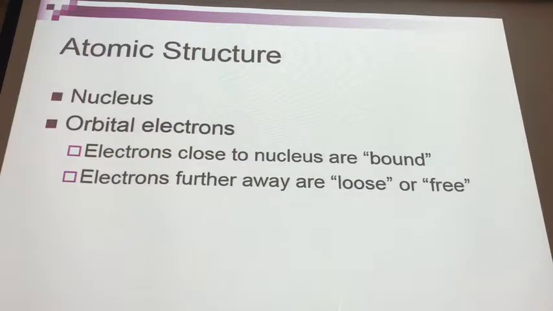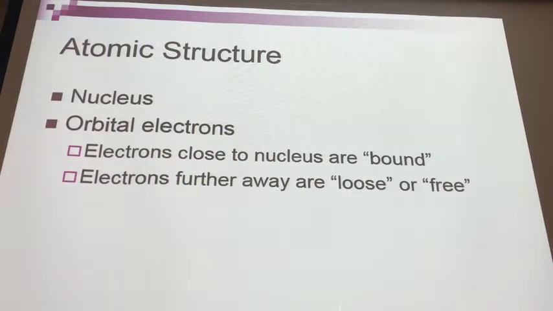What you will have in the center is the core, the mass, and the mass of the atom is mostly contained in the nucleus. In the nucleus you have neutrons, protons, and other stuff, neutrinos and stuff like that. So it is heavy, and a lot of the mass of an atom really comes from the nucleus.